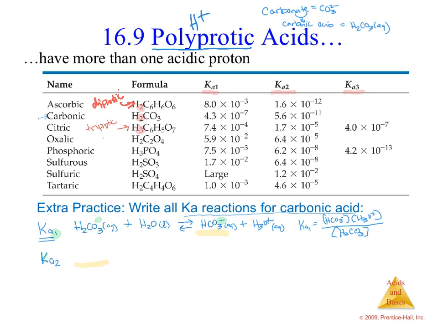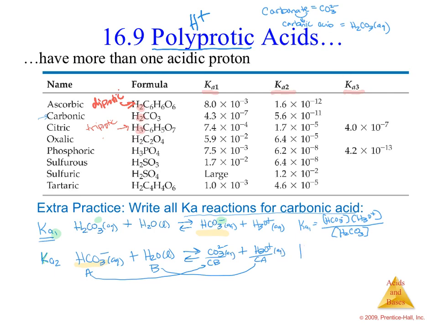I have bicarbonate, HCO3 minus, aqueous, plus H2O liquid, in equilibrium with. Now this is an acid, and water is the base. So I'm going to form the conjugate base, CO3 2 minus, plus the base turns into the conjugate acid, H3O plus. And these are both aqueous.